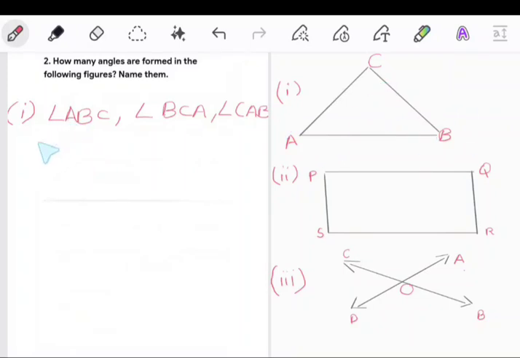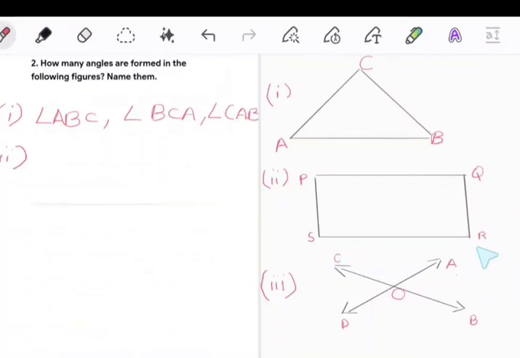Okay. So, next question. Here is the picture of a rectangle. The rectangle contains 4 angles. Rectangle PQRS. So we can write the first angle, angle PQR.